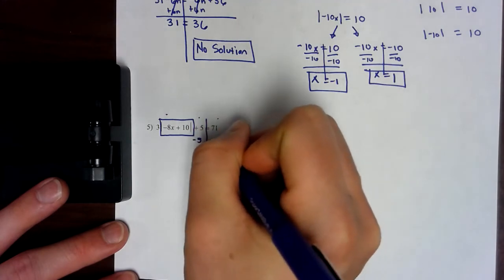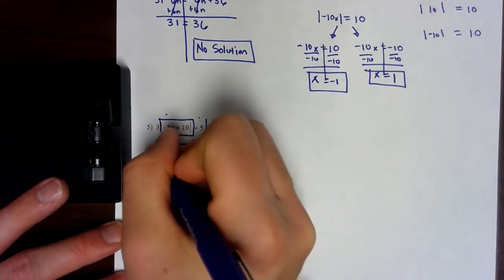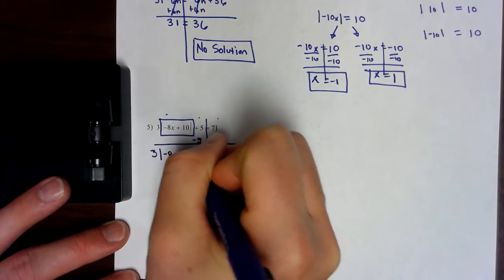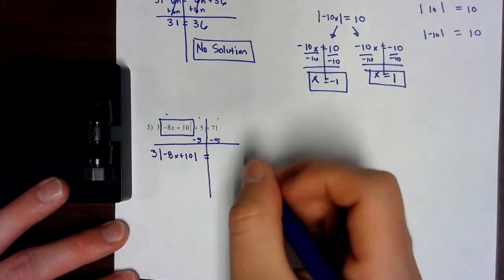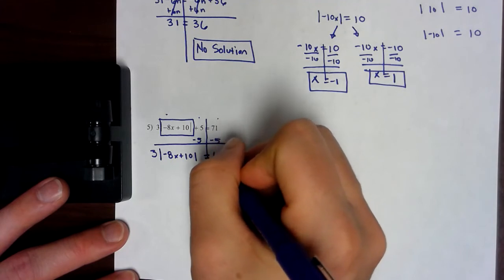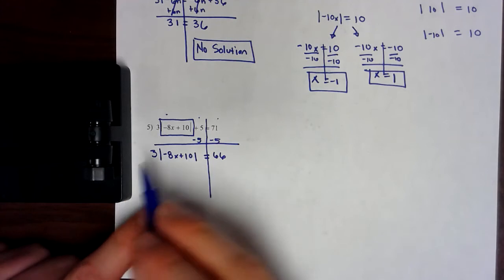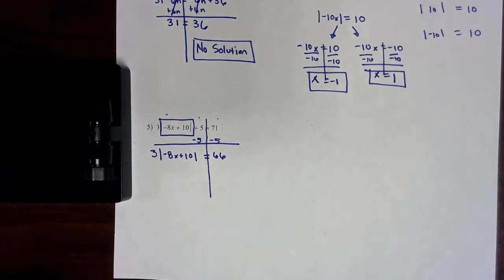I'm going to subtract 5 on both sides of the equation, leaving me with 3 times the absolute value of negative 8x plus 10 equals, what would that be, 66. Now, this 3 wants to distribute inside the absolute value brackets, just like parentheses. But we can't do that. If we do, we might get one solution right, but it's not going to help us find the second solution that we need with these absolute value equations.